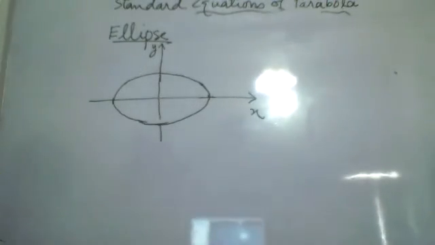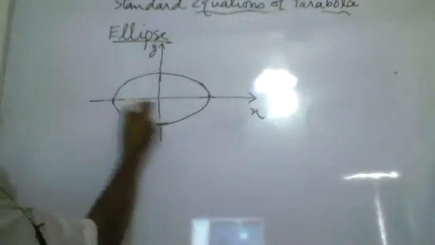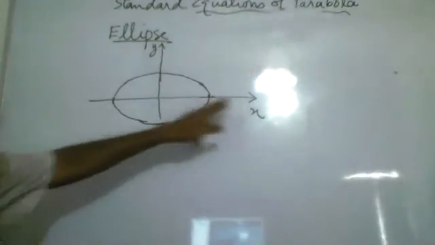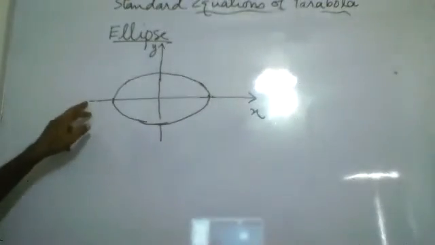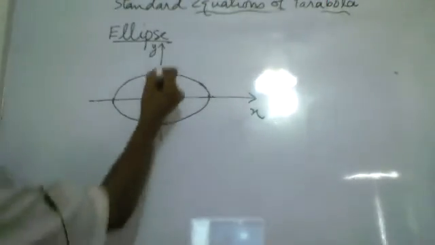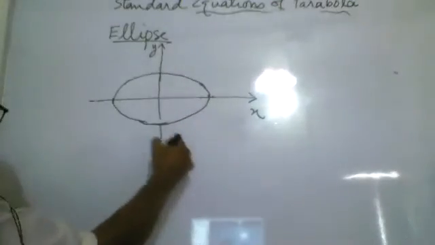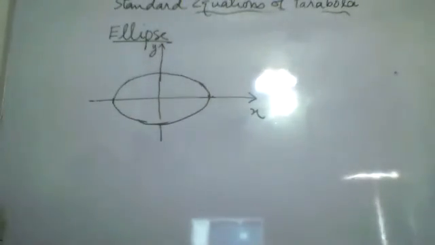So this is the shape of the ellipse. If it is along the x-axis, it will be in this way, when the transverse axis, or this is called the major axis, is along the x-axis. It may also be in this way, when the major axis is along the y-axis.